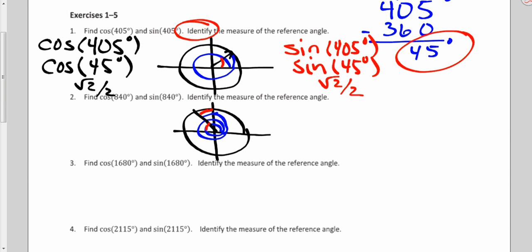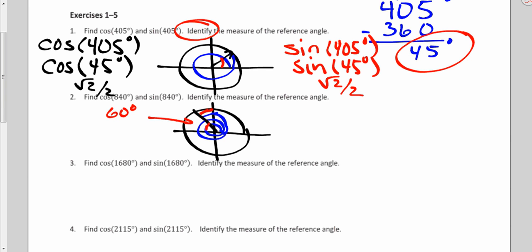What does it mean to be complementary angles? Supplementary is 180. Complementary angles add up to 90 degrees. So this angle right here is 60 degrees, and that's your reference angle.